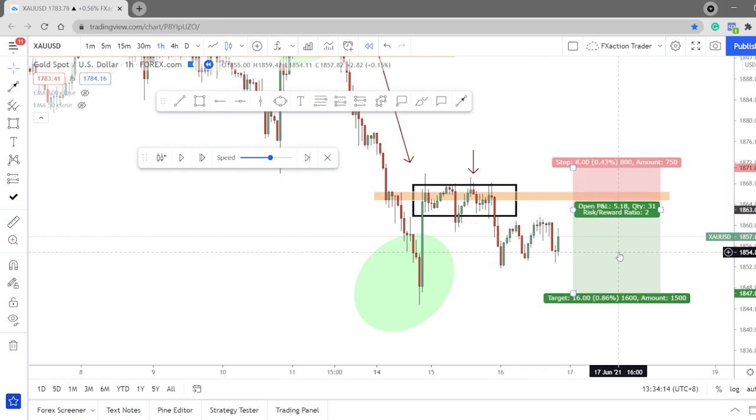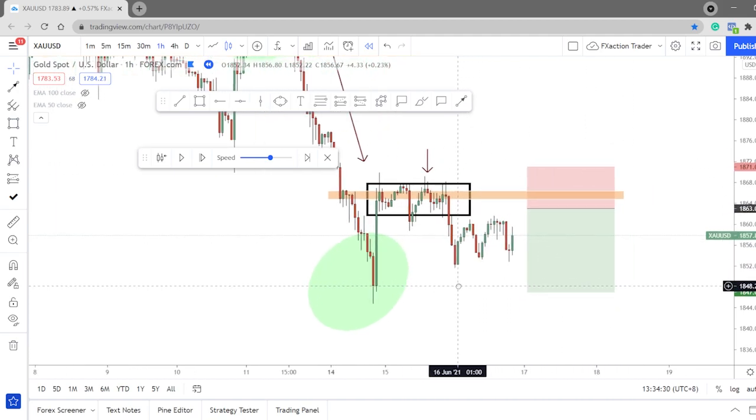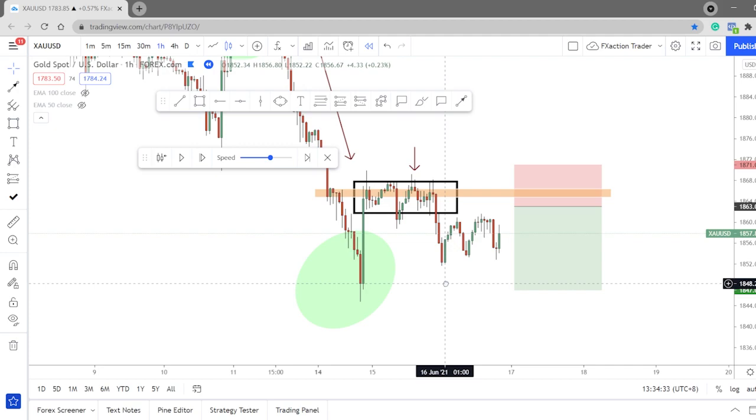We have a ratio of 1 to 2 on this trade, where my stop loss is just right above this sideways structure, and my take profit was just at the previous low of this entire H1 trend. Once we have done everything following our trading plan, we just leave the remaining for the market to execute.